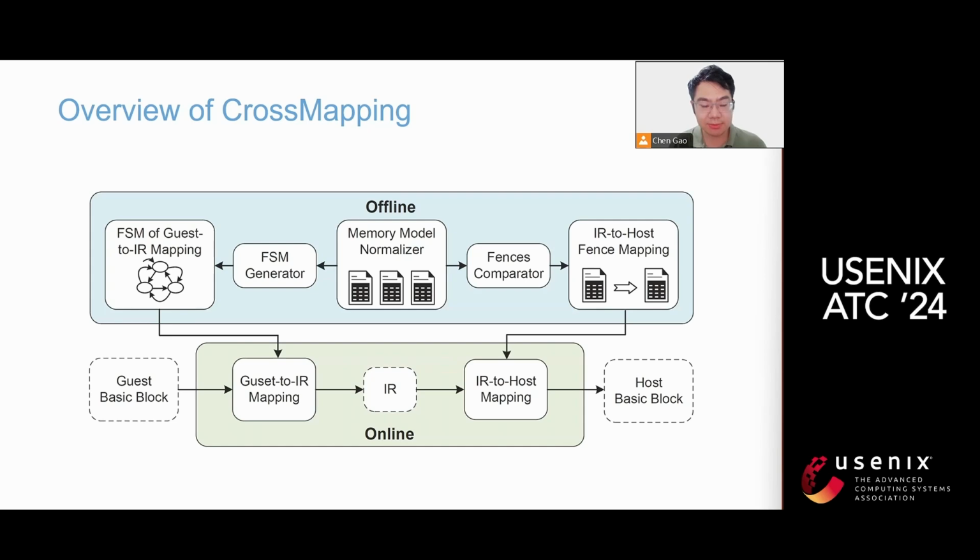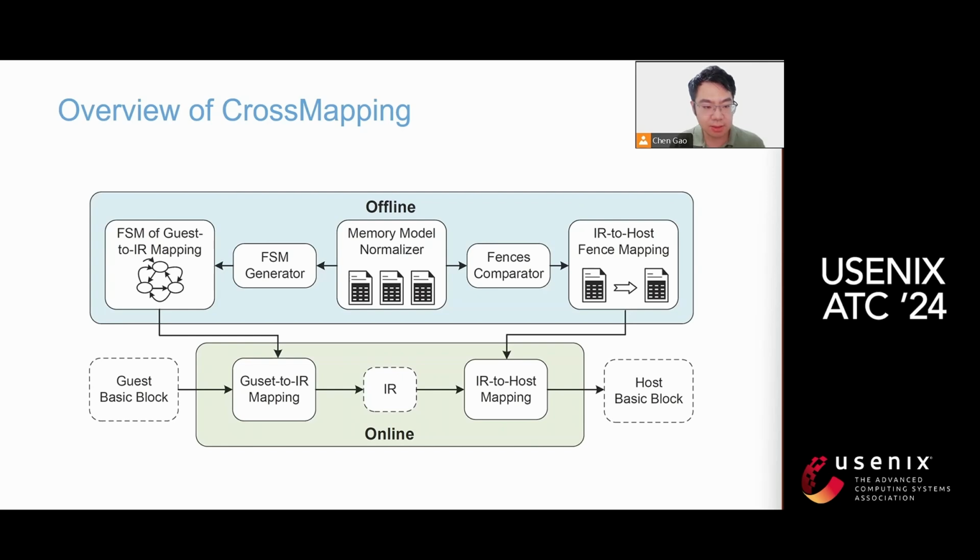Motivated by these issues, we developed CrossMapping to provide a quick and effective mapping scheme and support generic cross-ISA DBT systems. The figure illustrates an overview of CrossMapping, including offline and online stages. The mapping process occurs in two steps at the basic block level, guest to IR and IR to host.